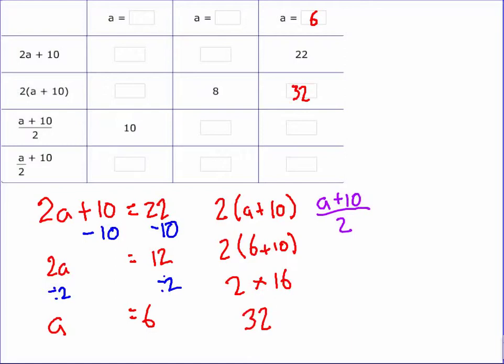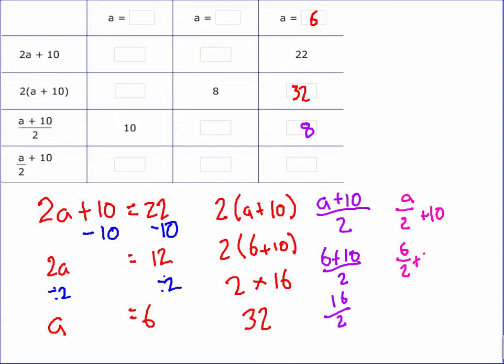So 6 plus 10 over 2 is 16 over 2, which is 8. And for the final row of the first column I have A over 2 plus 10. This means I'm going to do A divided by 2 first. So 6 over 2 plus 10 is 3 plus 10, which is 13.